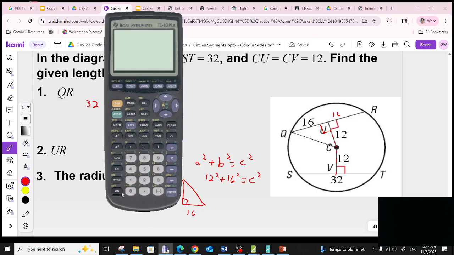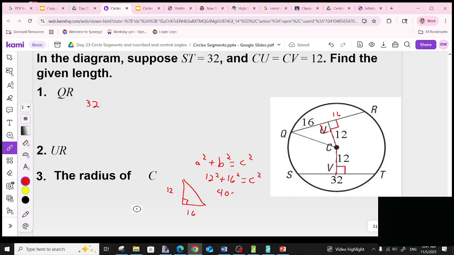I think it's going to be 20. But let's see, 12 squared plus 16 squared is 400. And then you take the square root of both sides, you get plus or minus. Because it's geometry, we only worry about the positive. So that'd be 20.